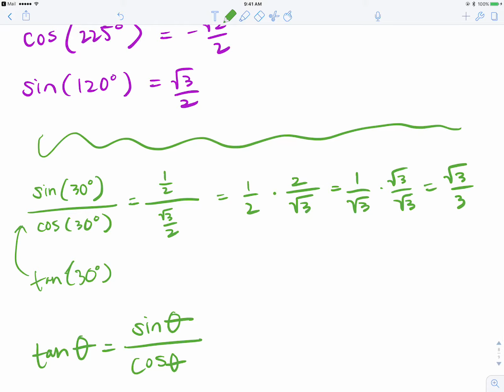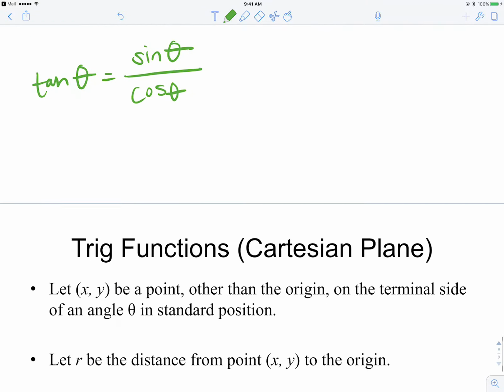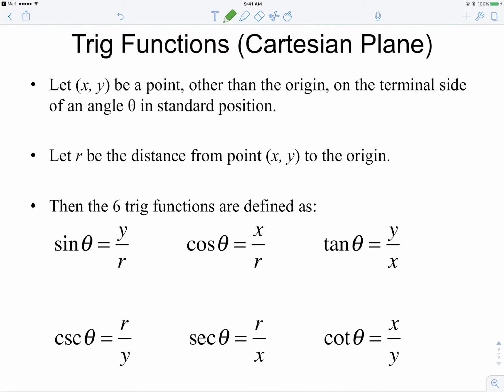Now, sine, cosine, and tangent have been defined as different sides of the right triangle. We just defined sine and cosine as x and y in the unit circle. In the unit circle, any point that lies on the circle is how far away from the origin? 1 unit. For defining the trig functions in the Cartesian plane, any point in the plane has r representing the distance of that point from the origin.